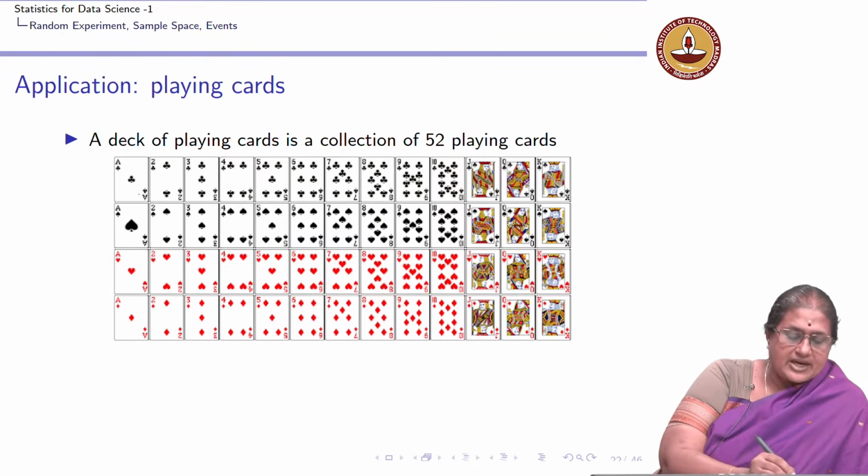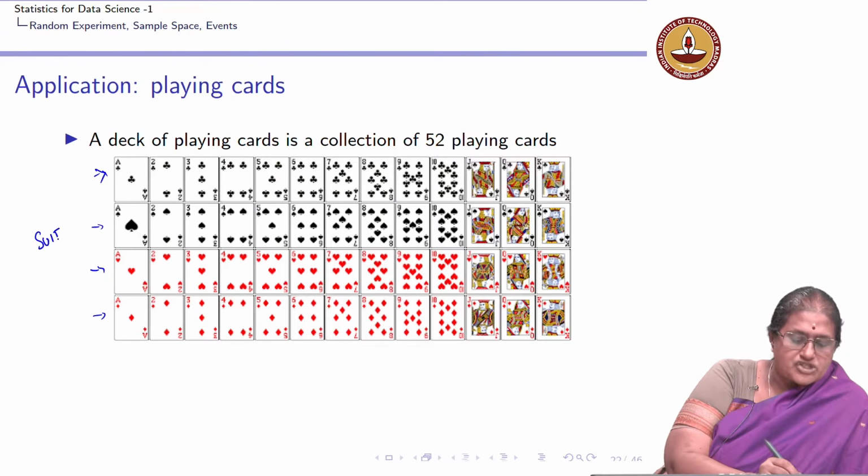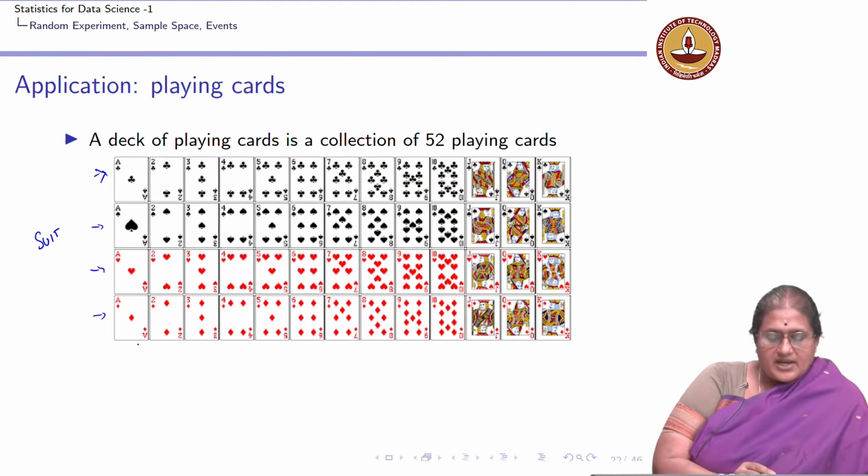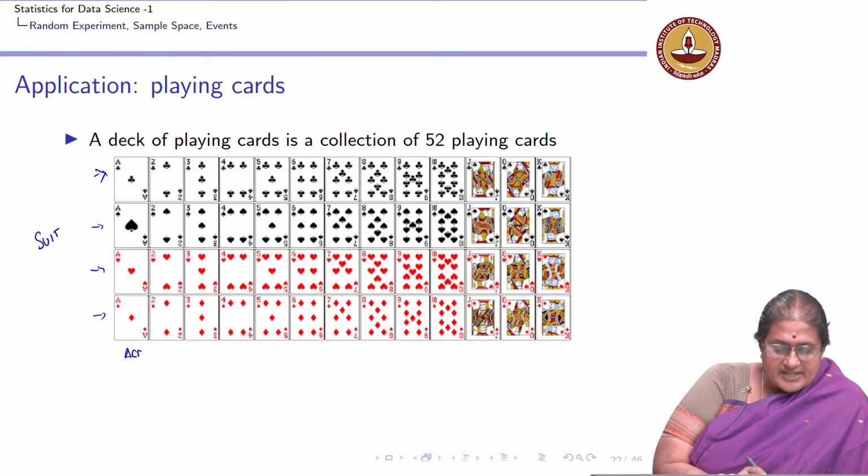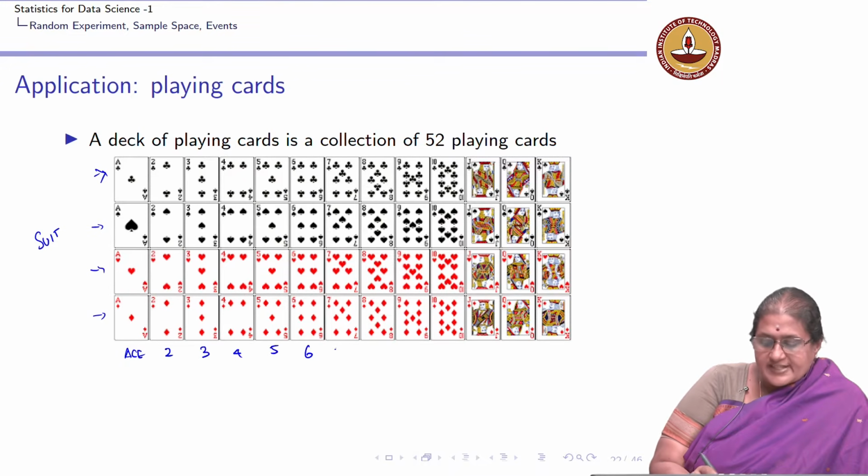Now, these clubs, the spade, the heart and diamond are what we refer to as a suit of the card. It goes from ace, 2, 3, 4, 5, 6, 7, 8, 9, 10.